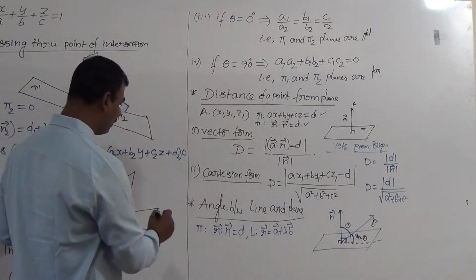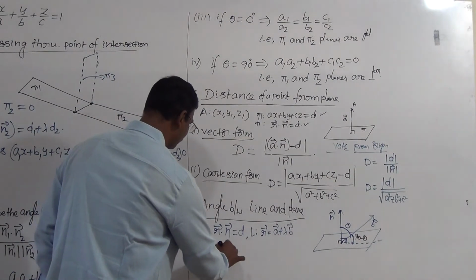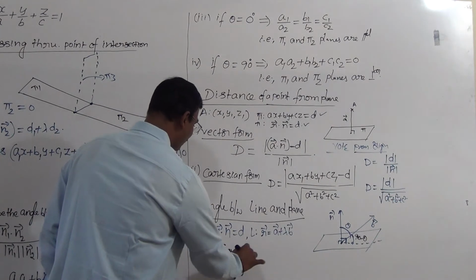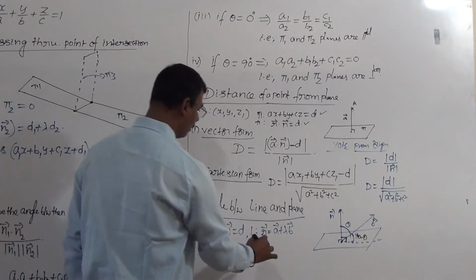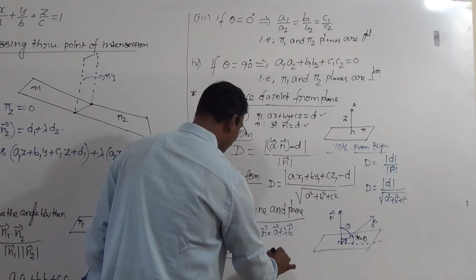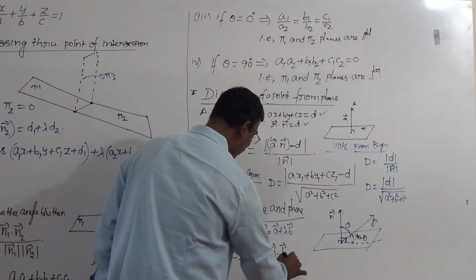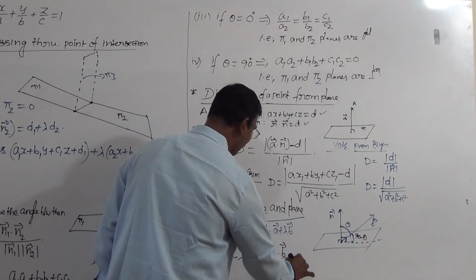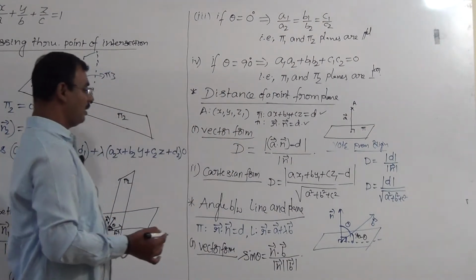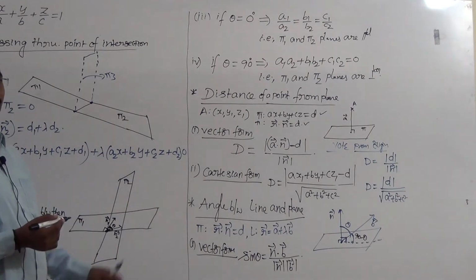Now in vector form, sin theta is equal to n bar dot b bar divided by magnitude of n bar into magnitude of b bar. This is the angle between line and plane in vector form.